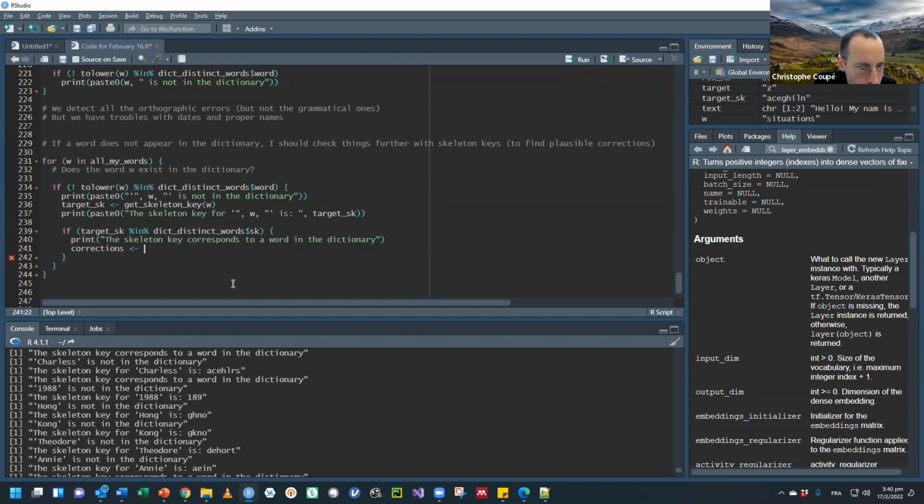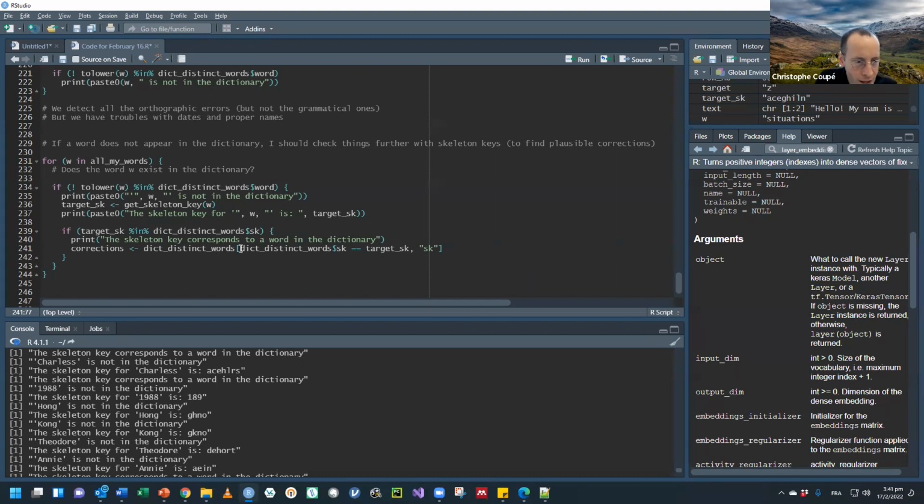So I am going to use my dictionary. I am going to access the column skeleton key. And to select the row, I'm going to say the skeleton key should be equal to the target skeleton key. That's one way of writing it in R. There are many different ways to write that.